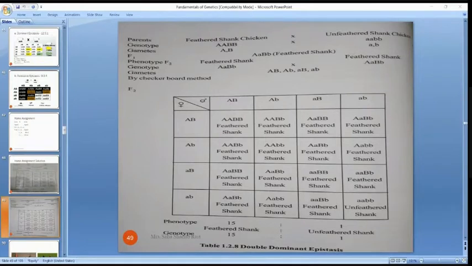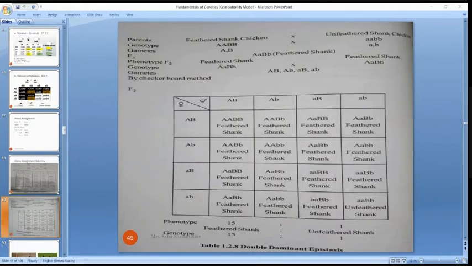Double dominant. Now, in the case of the dominant epistasis, children, we observed that if the dominant gene is present, even a single allele of the dominant gene, it does not allow the hypostatic gene to express itself, right?